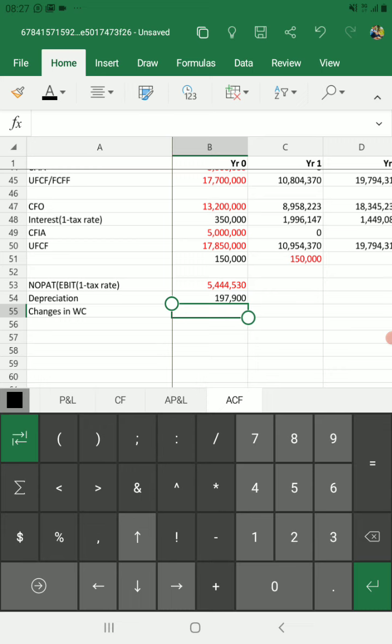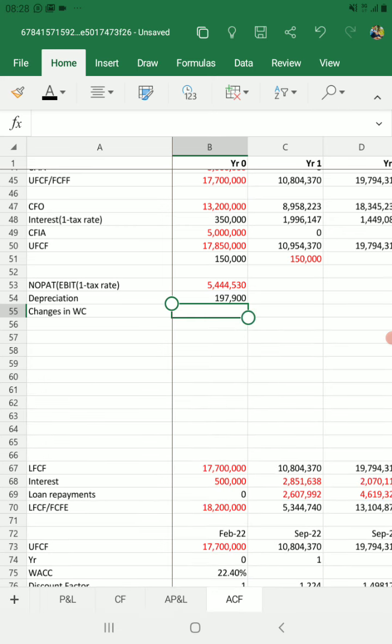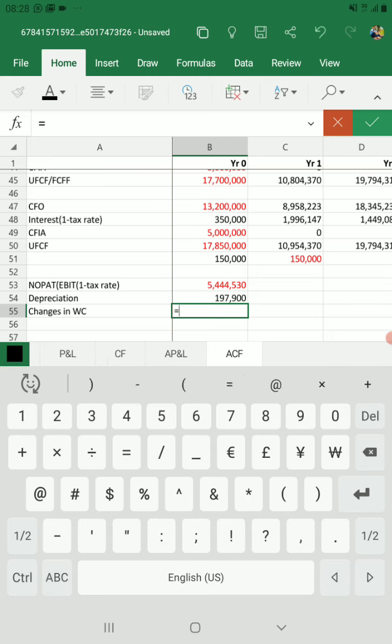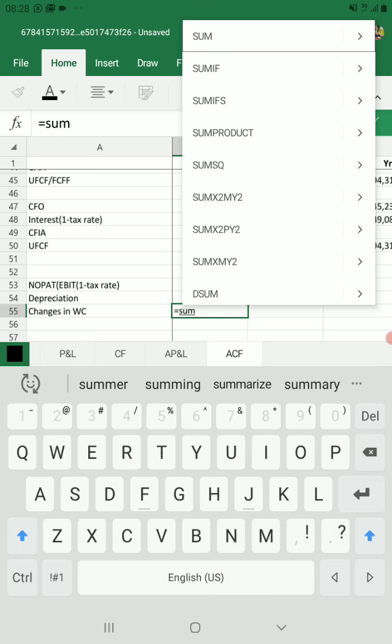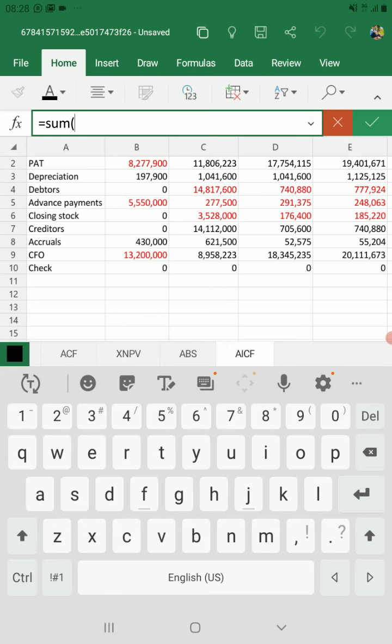So let me start with an equal sign and then sum, open the bracket, and then click on our annual indirect cash flow sheet, this one, where we compared our direct cash flow method with the indirect cash flow method we did.